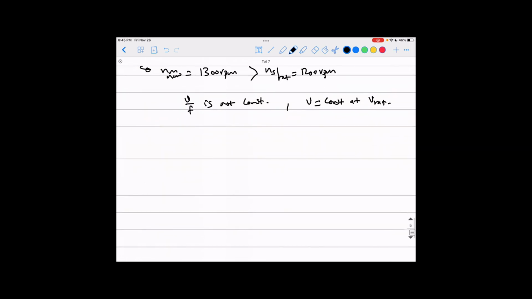So I'm going to go again with the same relation that says torque is related to V over F squared multiplied by the slip speed. You know now that V is constant, so we can take it out of this direct relationship. That means the torque is now related to 1 over F squared multiplied by the slip speed, because V is constant for now.